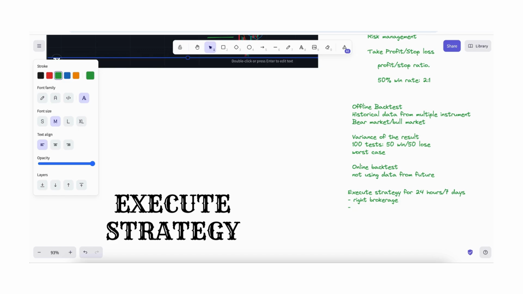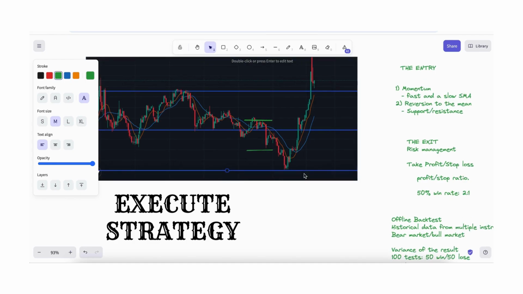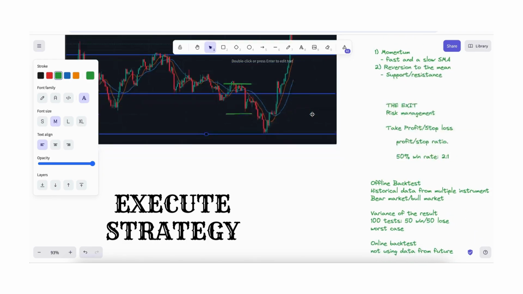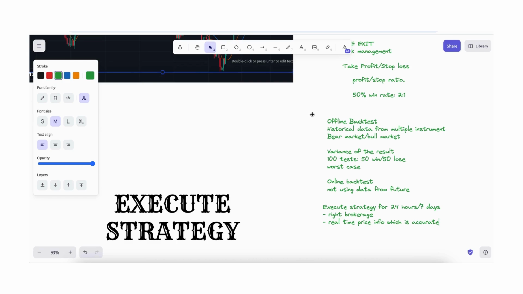The other piece is that you need to have real-time price information that is accurate. It might seem trivial, but if you are looking at 5-minute time intervals or 1-minute time intervals, often you will get, especially from the free sources, information where the price is not accurate, and that will be a huge decisive factor on whether you have a winning strategy or a losing strategy.